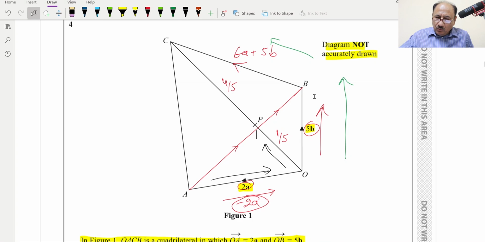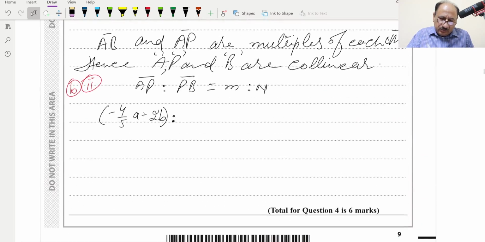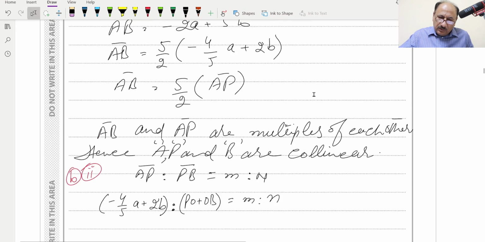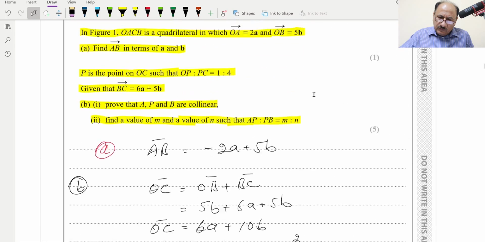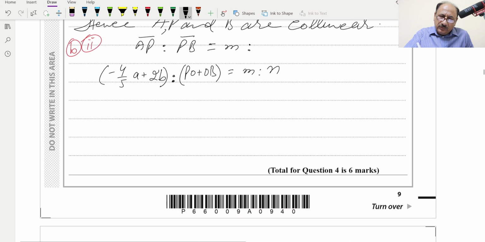So PO plus OB, and this will be equal to M ratio N. M ratio N is small, so we should follow the convention. So we'll write here small n, and further we can replace PO plus OB.